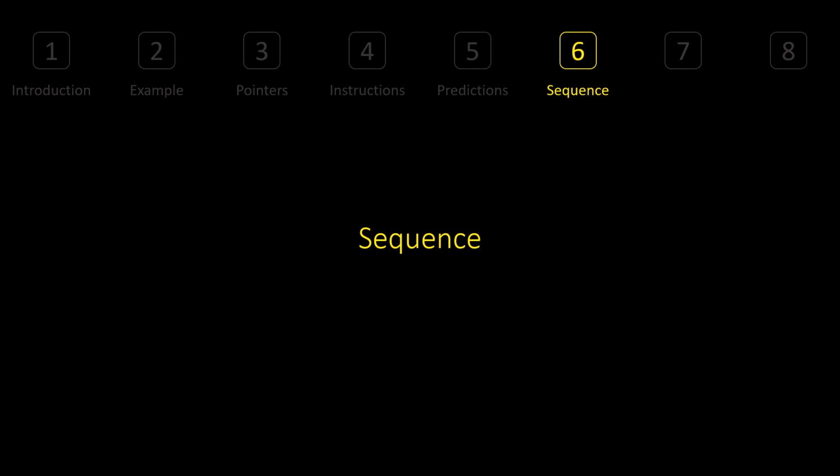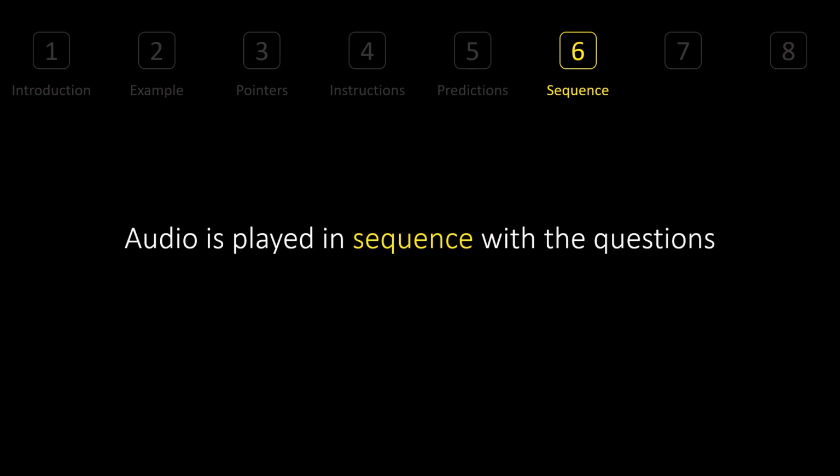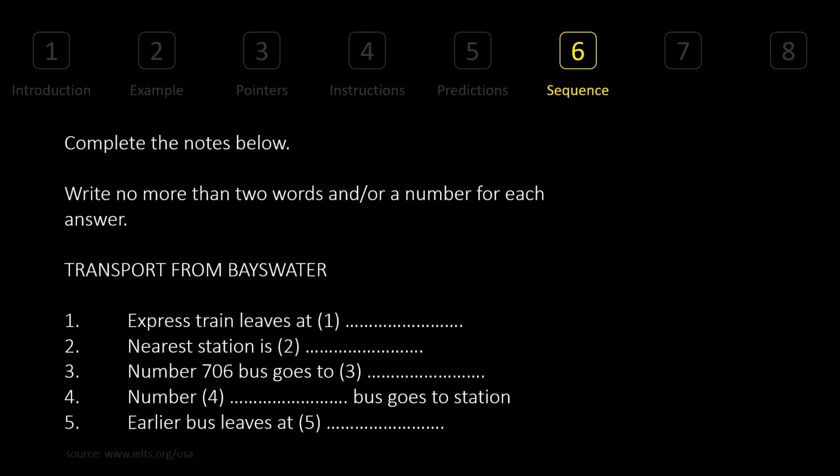Second is, third is sequence. Now, what is the meaning of sequence? Let's say audio is always played in the sequence of the questions. Let's see the questions again. When you look at this, we have question 1, question 2, 3, 4, 5. When the audio is being played, they'll talk about information number 1, then they'll talk about information number 2.